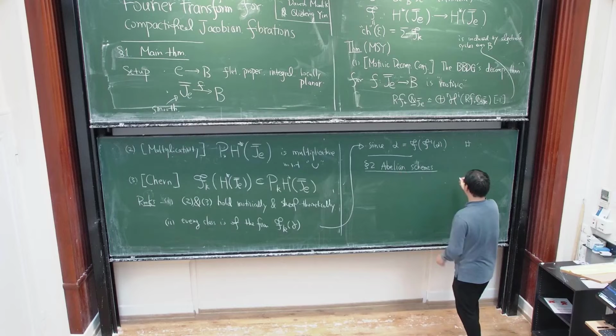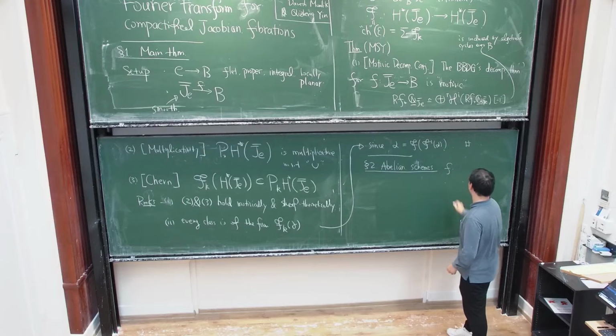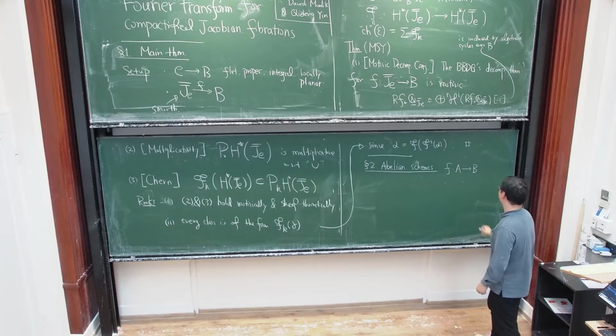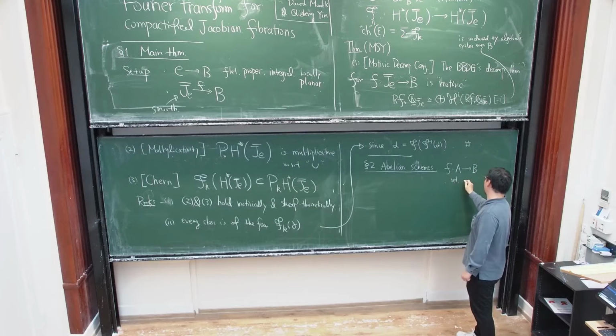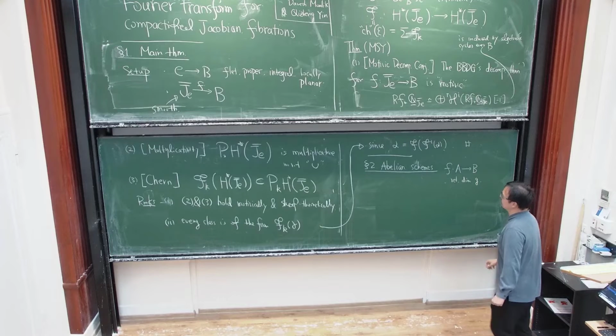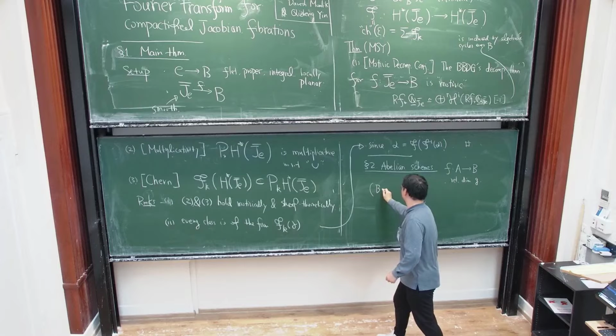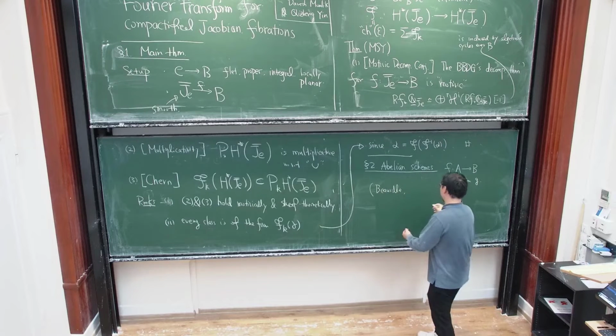So in this part, the setup, we consider A to be an abelian B-scheme of relative dimension g. This part essentially is due to Beauville, and also in the relative setting.